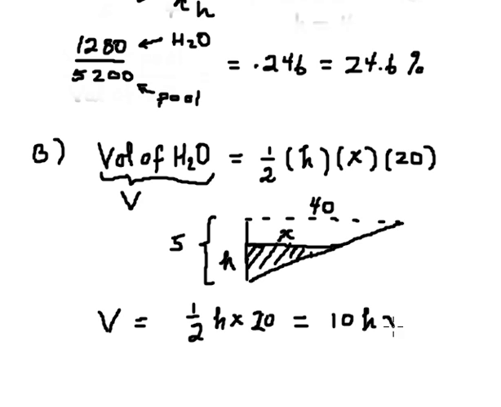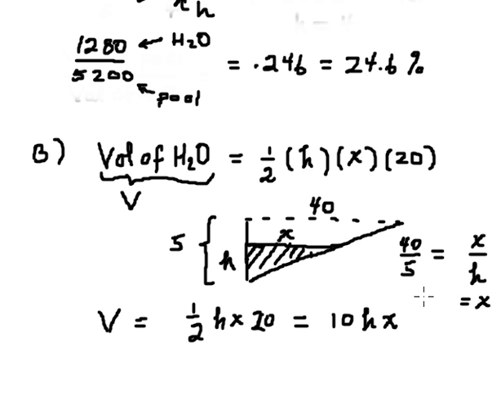And now let's eliminate x just like we did in the calculation above, using similar triangles. We have a proportion, 40 is to 5 as x is to h. 40 over 5 is equal to 8, so we want to eliminate x, so we'll solve for x.